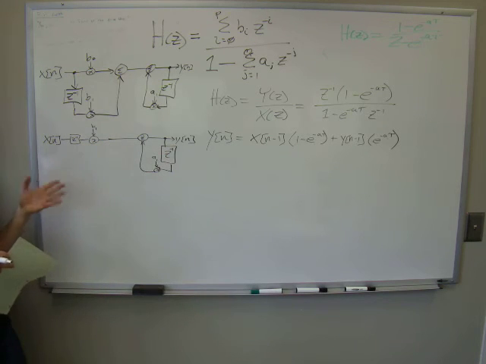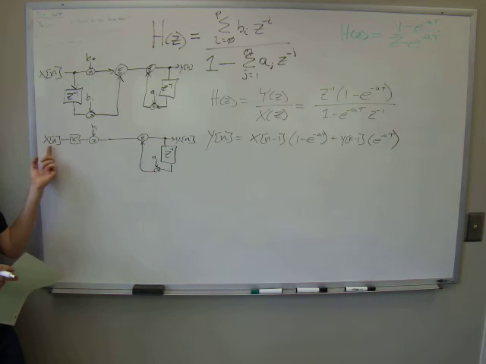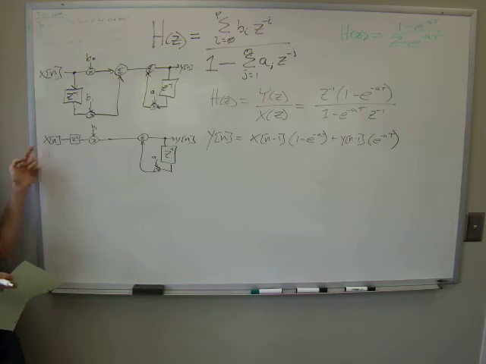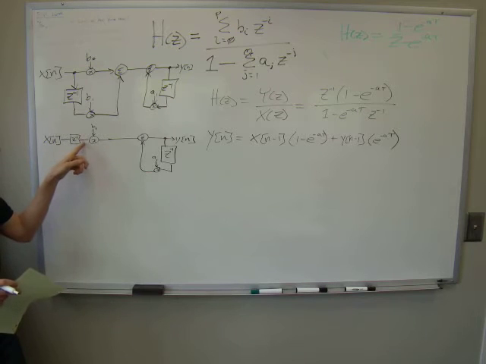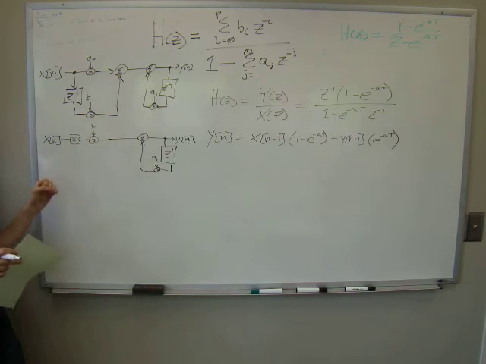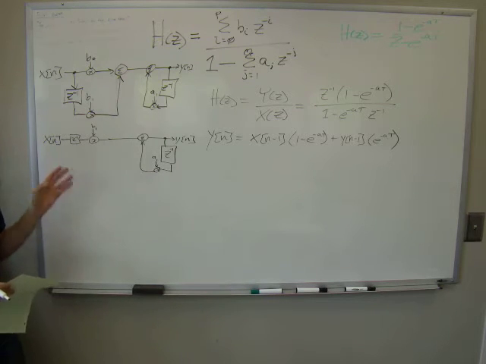So because this is a time invariant system, it doesn't matter if we shift x of n forward or backward. So if we're looking at this system from the point of view with this guy as x of n, which is x of n minus 1, all the processing is still going to be the same, because all we've done is shift it by 1. Because it is time invariant, we can do that.